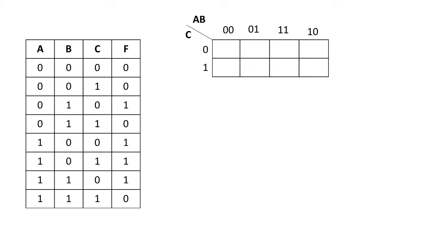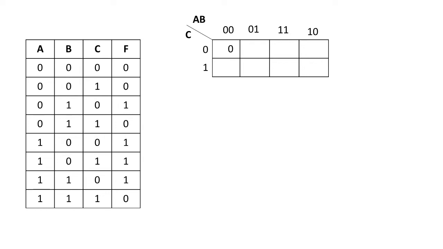That is the first column of the first row. So the function value 0 goes in the first column of the first row, because the values of A, B, C are 0.